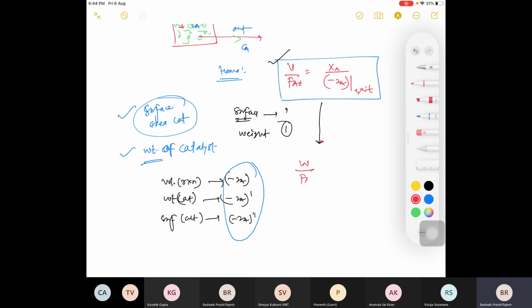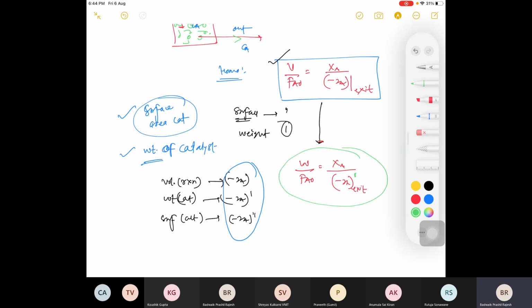So here, if you change this, W divided by Fa naught is equal to Xa divided by minus Ra at exit. And what should I write here? I need to change the rate, right? So there will be a change in this dash.